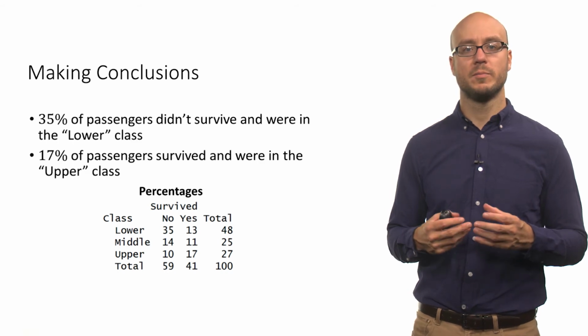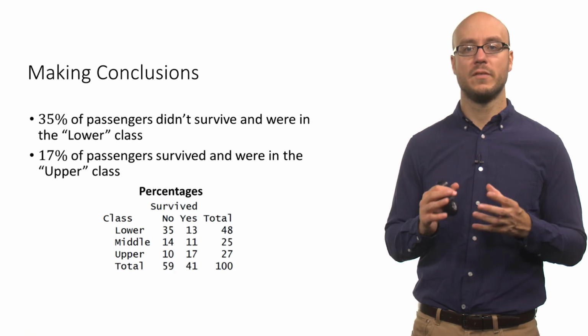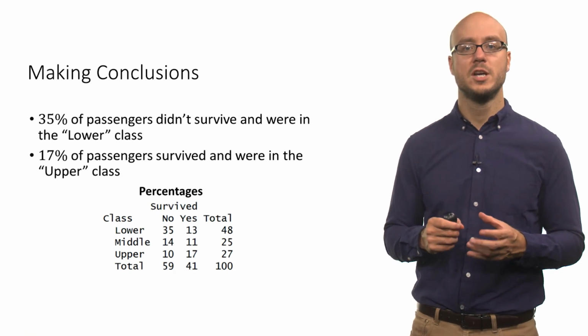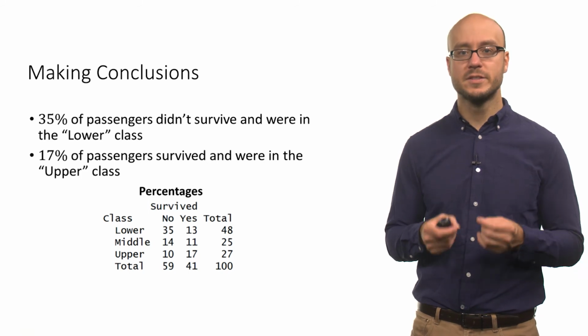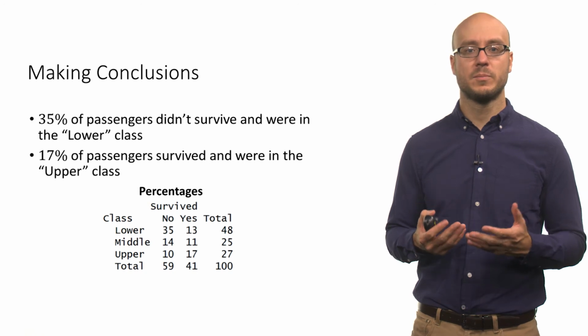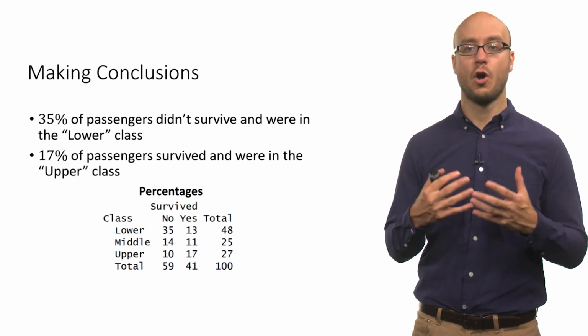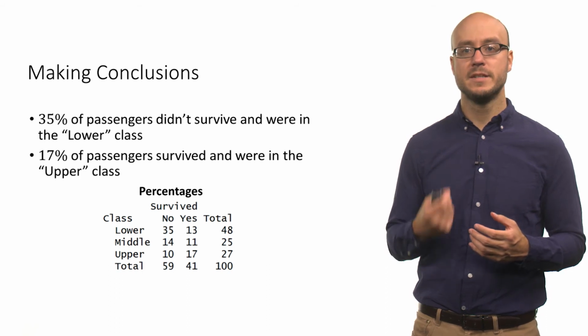Another conclusion we can make is about the joint combinations of the levels of the two categorical variables. So we can say, for example, that 35% of passengers didn't survive and were a member of the lower class. To give another example, 70% of passengers overall were a member of the upper class and did survive.